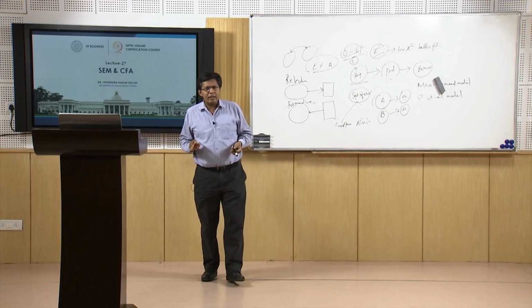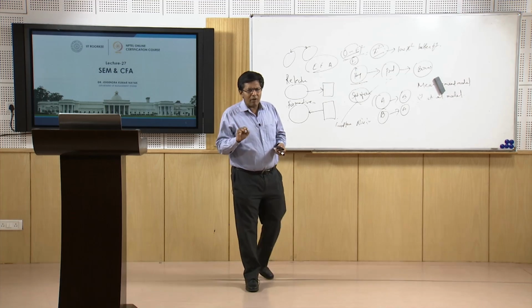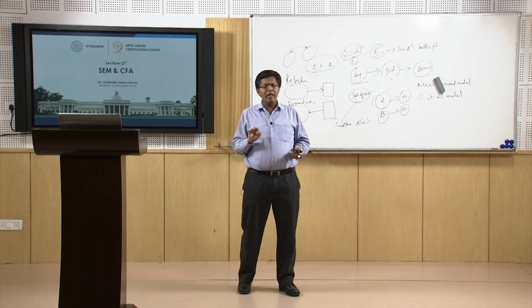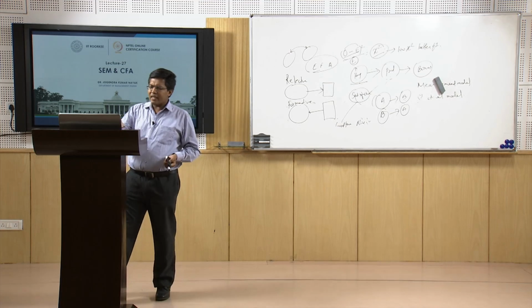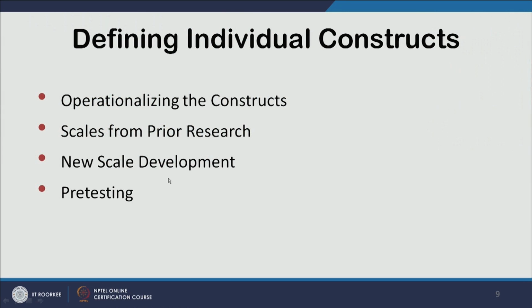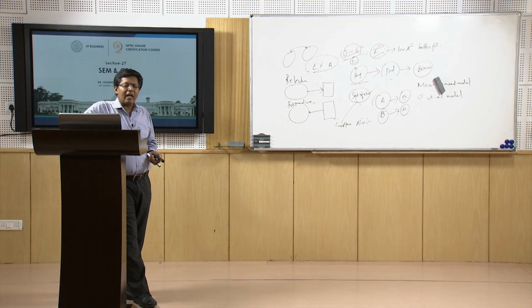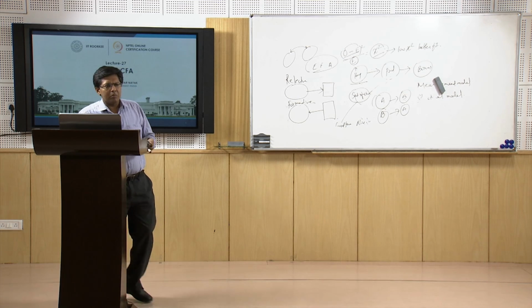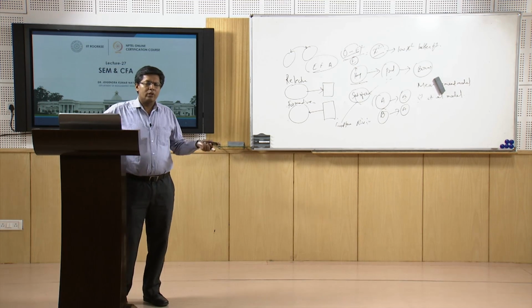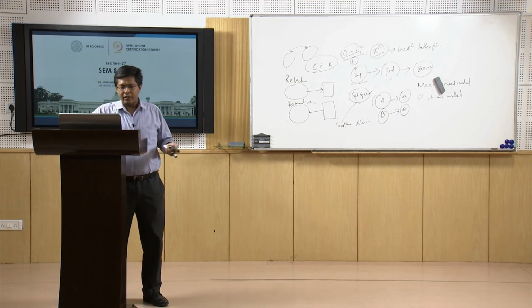In that case the scales from prior research can be taken, and then checked again for validation, right. Or as I said, a new scale can also be developed. I always appreciate if you can develop a new scale and validate it, because that is adding something to the body of knowledge, you are contributing to the knowledge base, right.